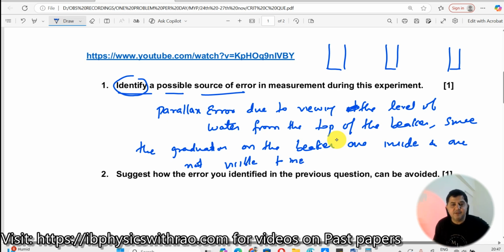Okay, so because we are looking at from a given angle, this is what can happen.